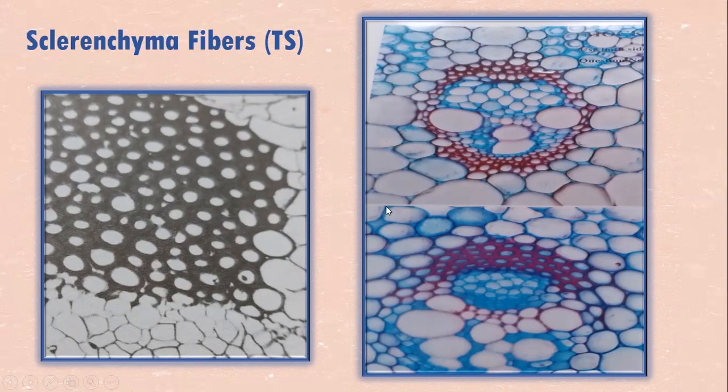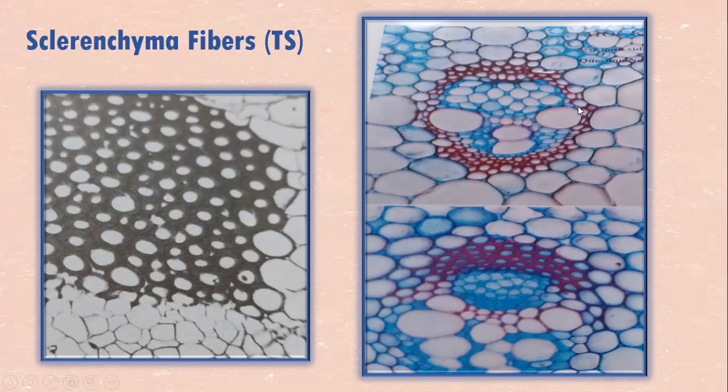Now, you look at this one, this black and white. You can easily see this thickening, very thick. And they are around this vascular bundle. See, very thick and red. If you look at it very carefully, we should see a pit somewhere in some of the sections.